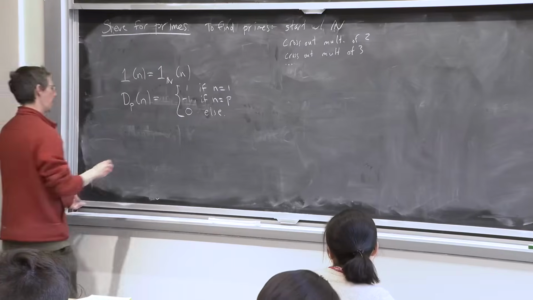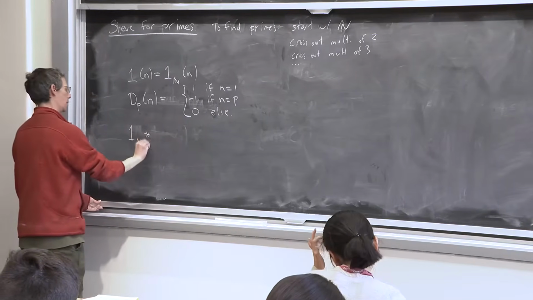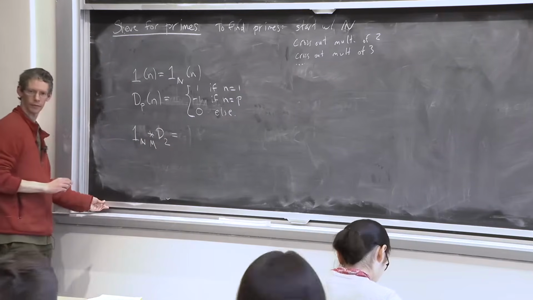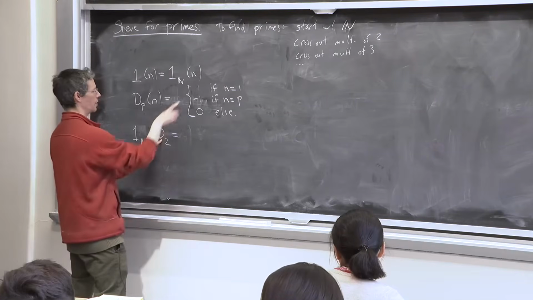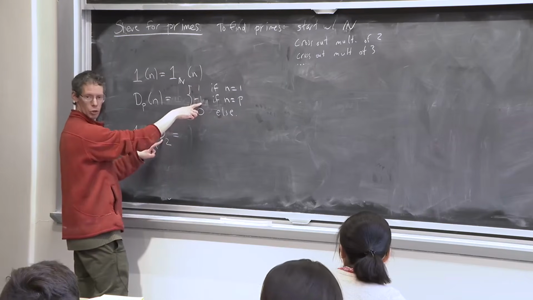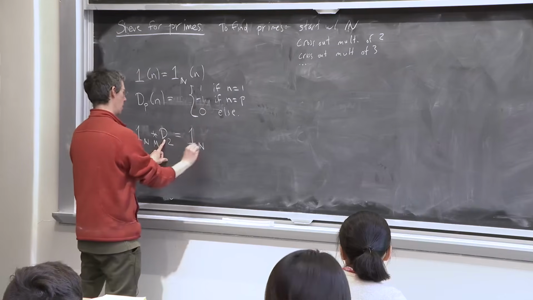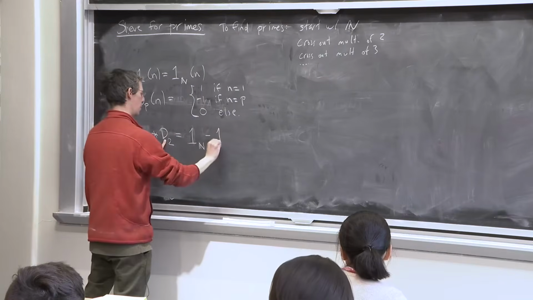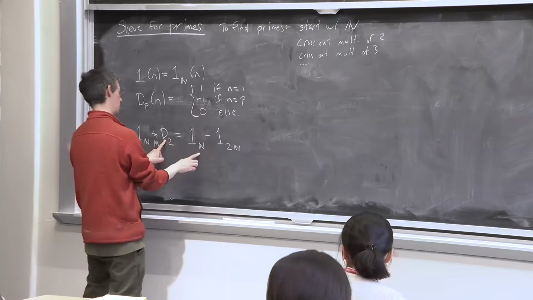Now let's think, what would happen if I took all the natural numbers and did a multiplicative convolution with d2? d2 has a positive delta function at 1 and a negative delta function at 2. So when I do this, I get the characteristic function of all the natural numbers coming from this one minus the characteristic function of 2 times the natural numbers coming from that one.